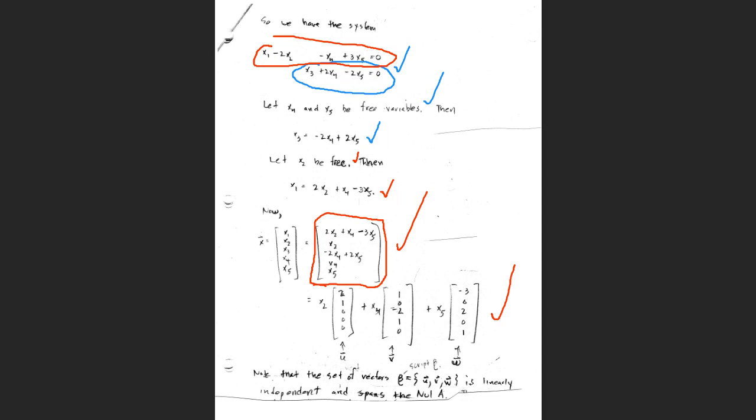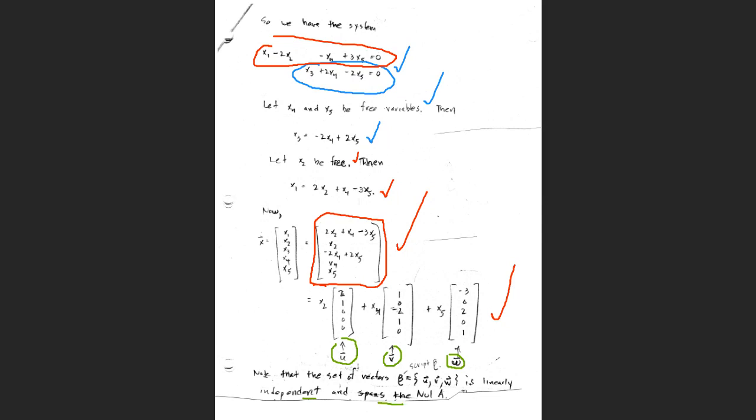Notice that, I'm calling these vectors u, v, and w, and they form the spanning set for the null space. That set of vectors is linearly independent and spans the null space.